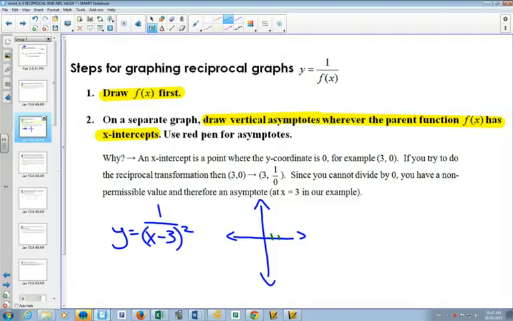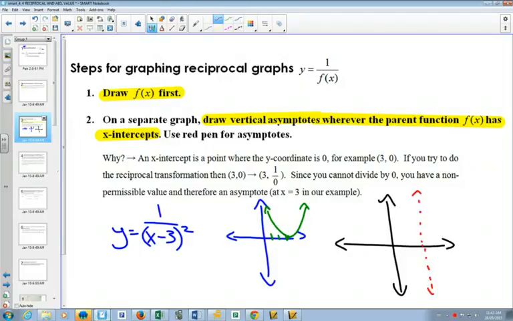To the right 3. So this is our original graph. Step 2 says on a separate graph, so draw a new set of axes. The very first thing we're going to do is draw an asymptote at the non-permissible value at x equals 3.